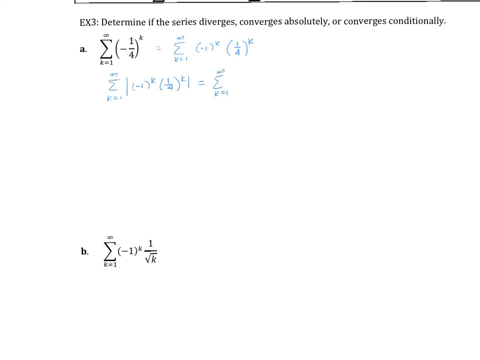And in this case, it really doesn't matter what k value we're starting with. It does when we do things like find n values, like in our remainder theorem. But determining convergence or divergence, starting k values never really matter. So this is simply 1/4 to the k power.